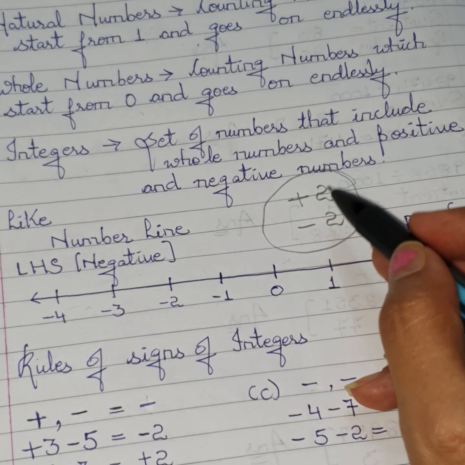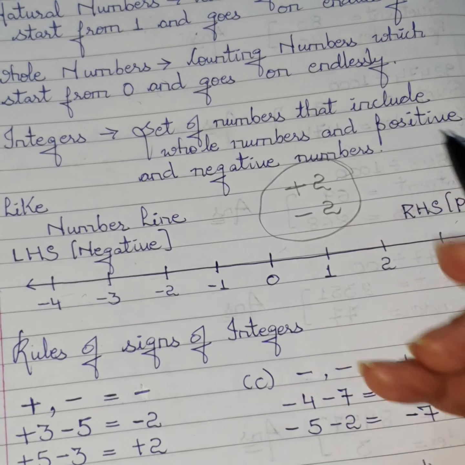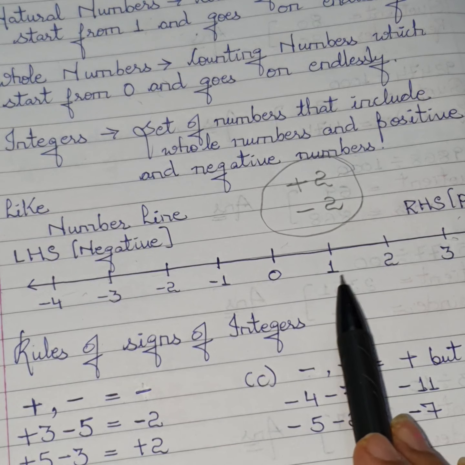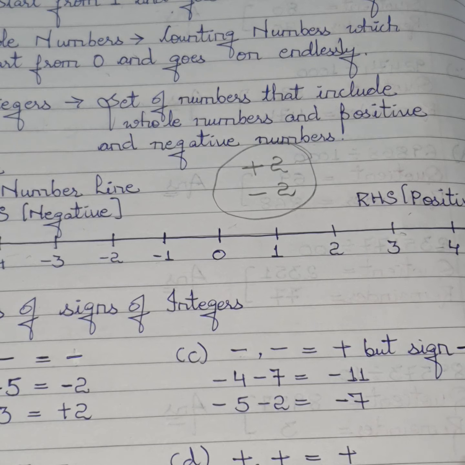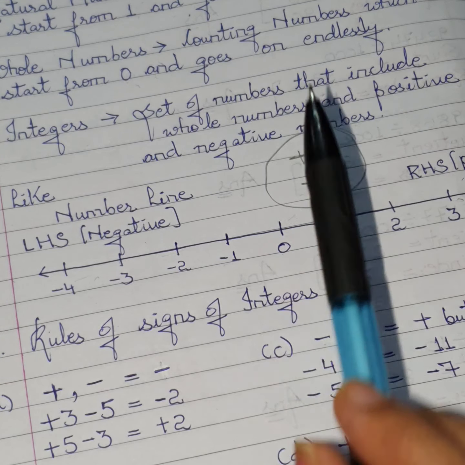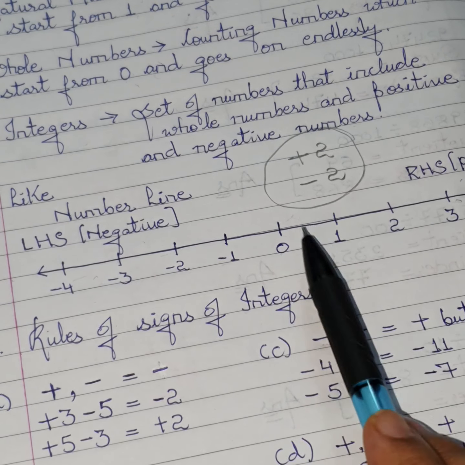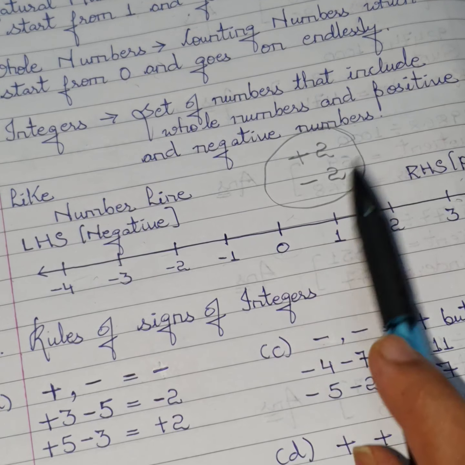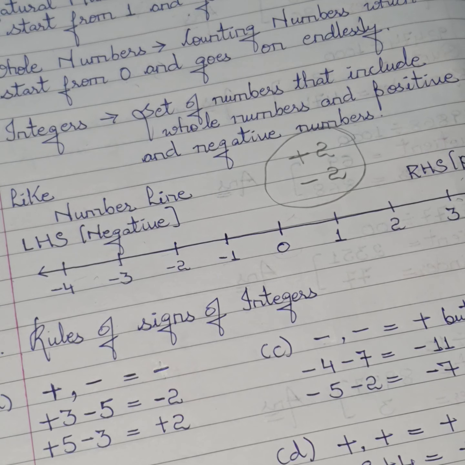Whenever any number has a sign along with the number, it is called an integer. So on this side 1, 2, 3, 4 and like this it will go on, and here -1, -2, -3, -4. So the set of numbers that includes whole numbers, meaning 0 also, and positive and negative numbers are called integers.